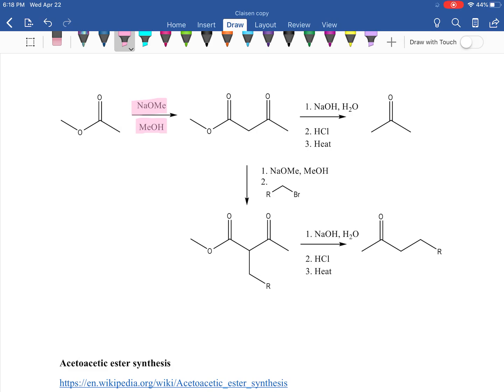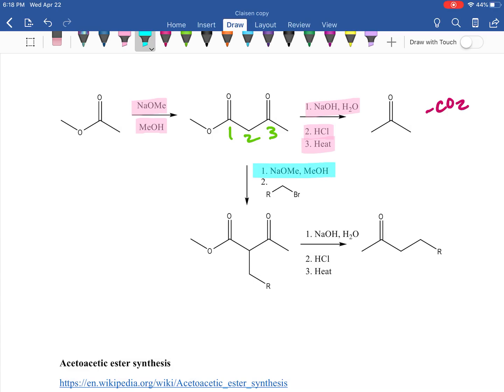And just to give you a little bit of a diagram, maybe for your notes or your cheat sheet, remember you can start or stop. You can combine all of these processes. You can start with that almost like an aldol condensation. And here's your 1, 2, 3. And then you don't have to add anything.